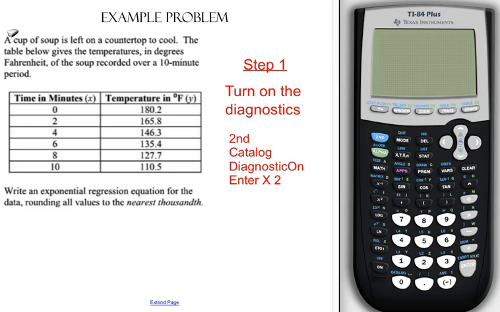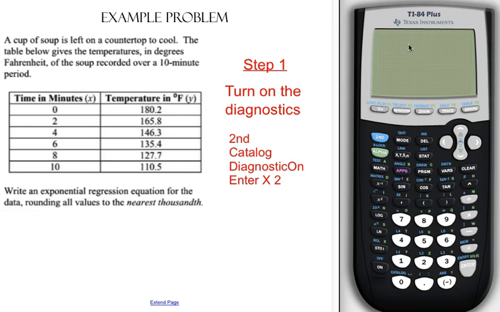Here is our example, very similar to the one we were looking at there. We've got a cup of soup, we leave it on the countertop to cool, and we can see the temperature of the soup after a certain number of minutes. What we want to do is write an exponential regression for this, rounding to the nearest thousandths place, that will give us the ability to predict the temperature if we know the time.